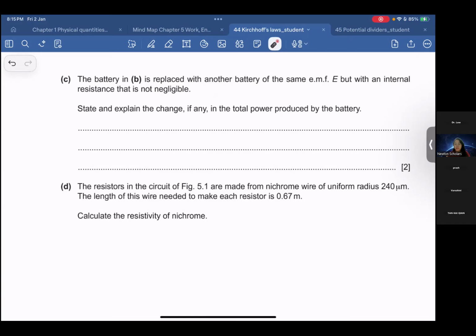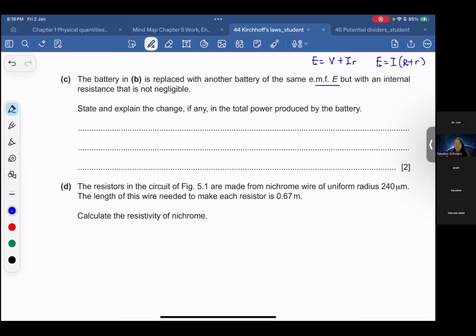Wesley, your first part is correct, but your explanation is wrong. Prasan correct. How about others? EMF is the same. So here, the EMF formula: E equals V plus I times small r, or we say E equals I times (R plus small r), where r is the internal resistance.